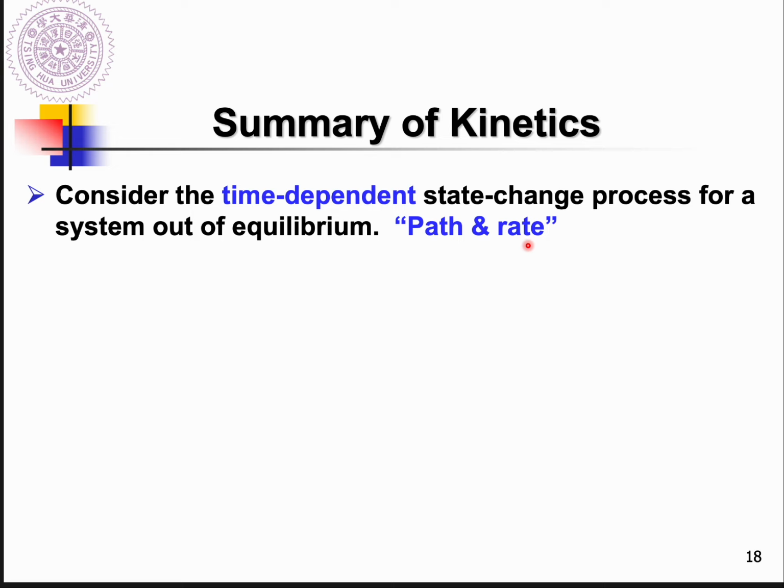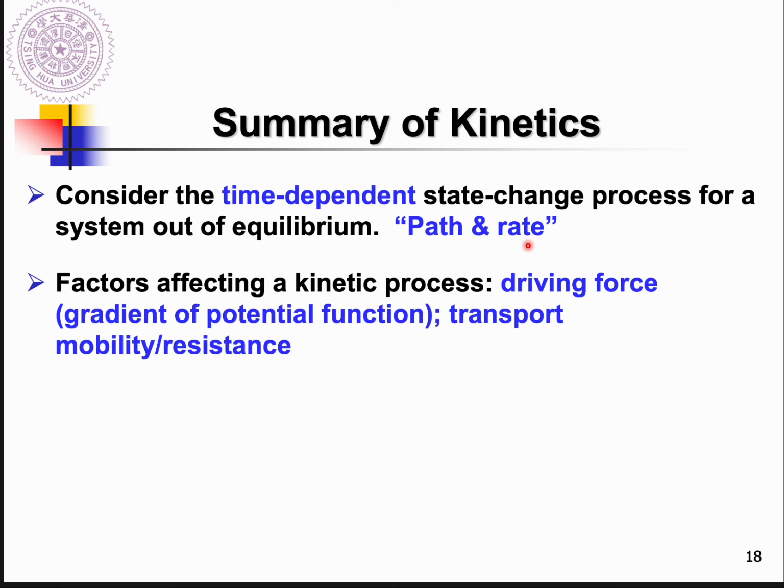This is a kinetics process. The parameters that affect the kinetics process are the driving forces and also the transport, mobility, or resistance involved, which some people call the inertia of a system.